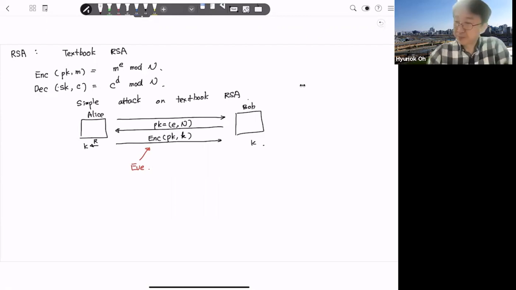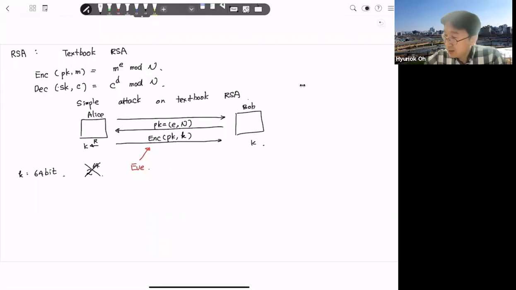Suppose that K is a 64-bit key. So in this case, you may be thinking that if Eve tries 2 to the 64 times, then Eve can break the key value K. But actually, with a much smaller number of trials, Eve can break this cipher system.